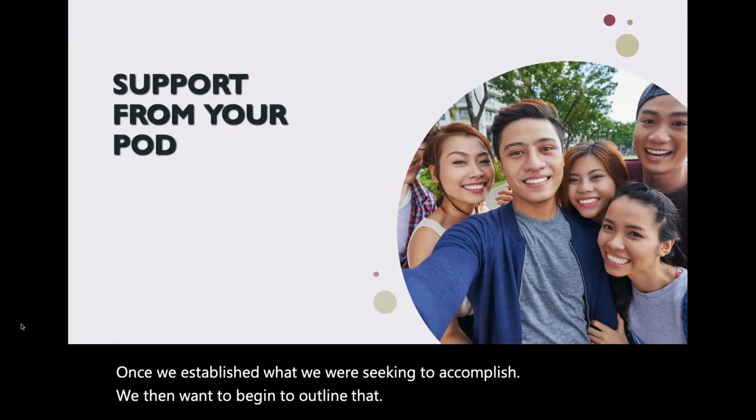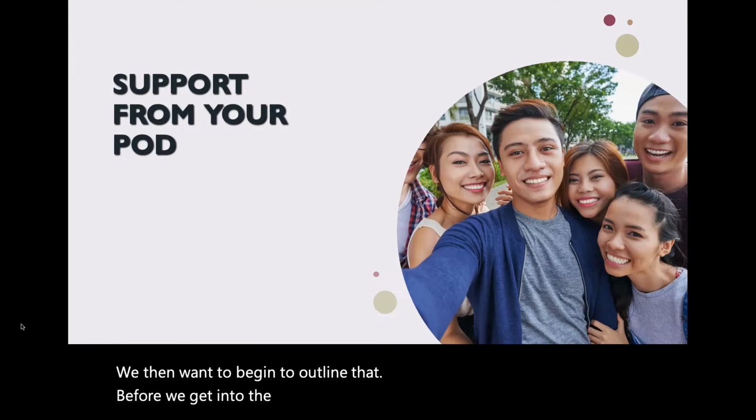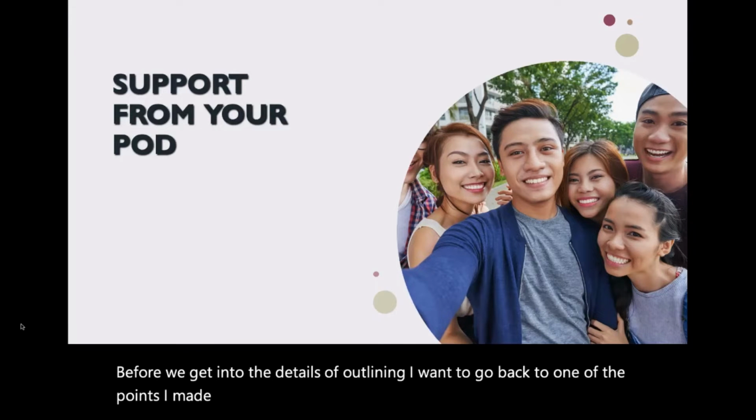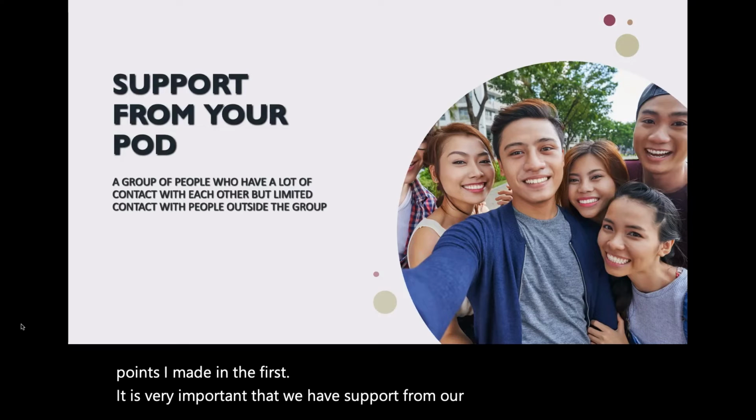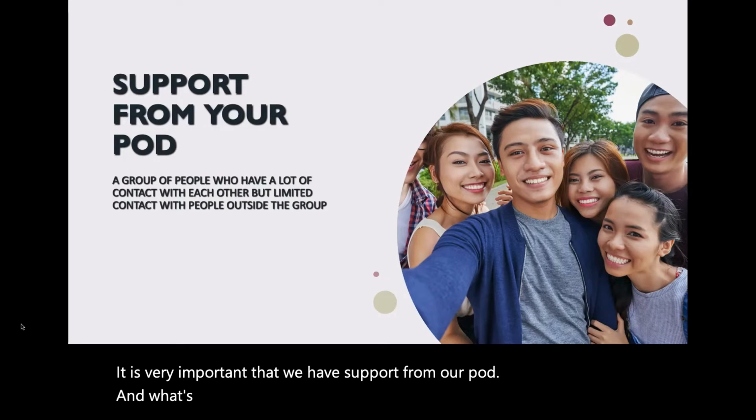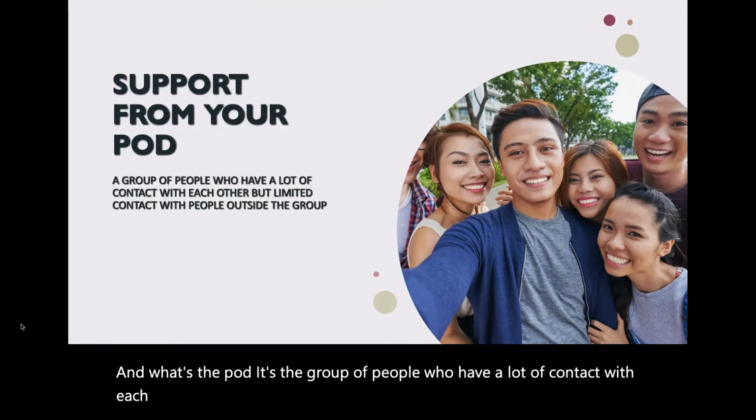Before we get into the details of outlining, I want to go back to one of the points I made in the first presentation. It is very important that we have support from our pod. And what's the pod? It's the group of people who have a lot of contact with each other, but limited contact with people outside the group.